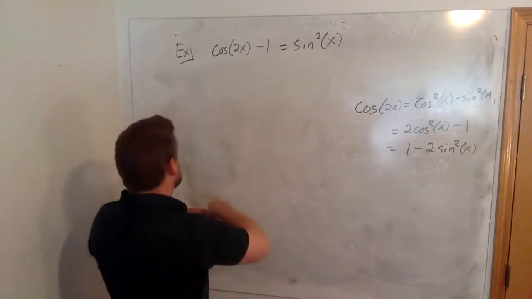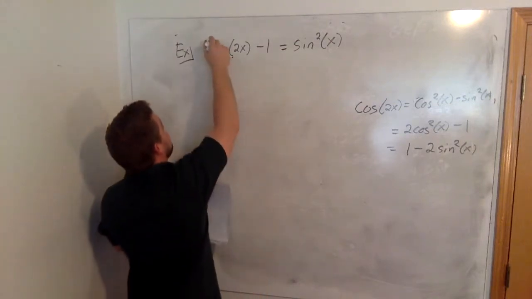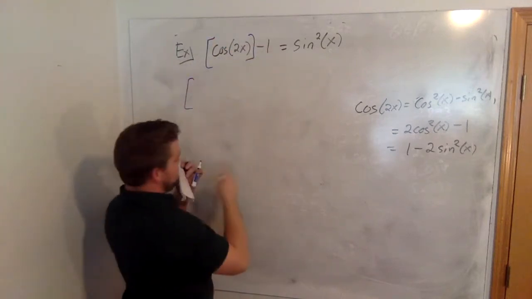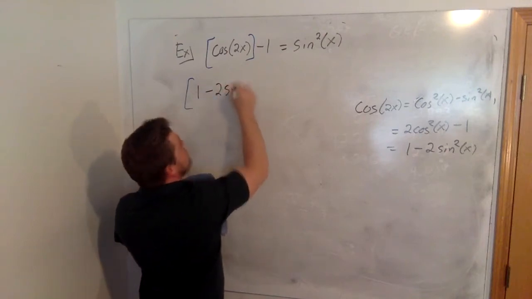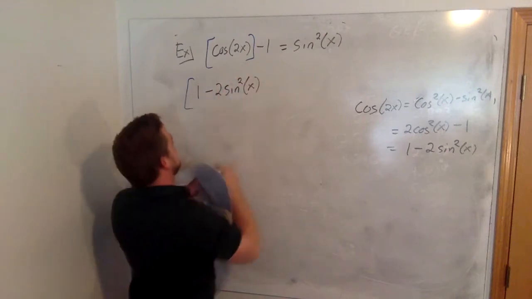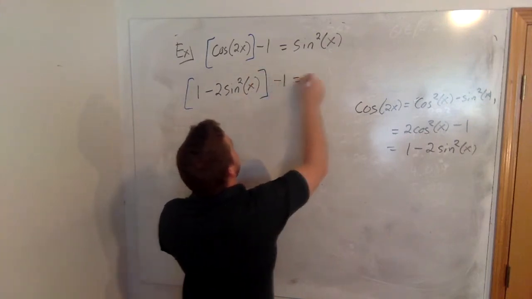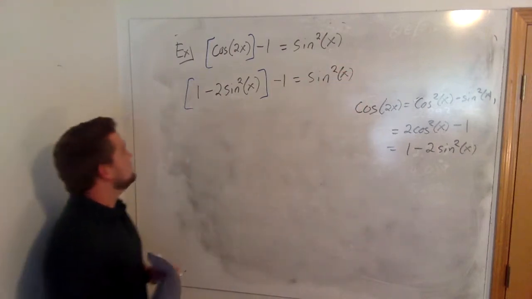So let's replace cosine of 2x with 1 minus 2 sine squared of x. So we're making this substitution. Okay, so let's continue to solve this.